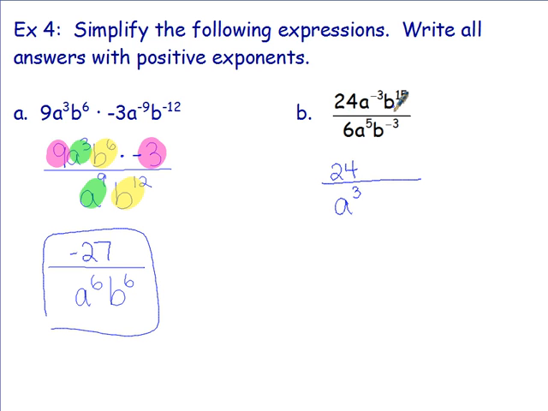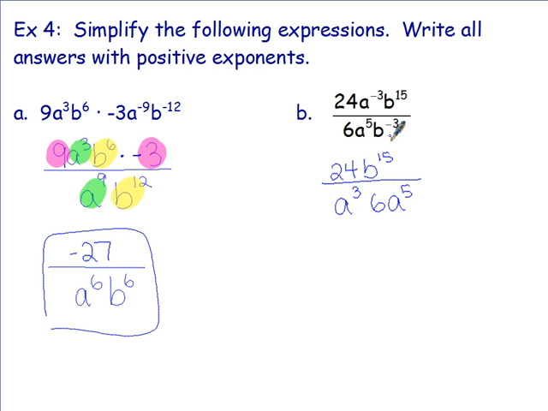B, happy or sad? He's happy, he stays on the top. Going to the bottom. Is this 6 happy or sad? It's happy, so it stays where it's at on the bottom. Is this A happy? Yes, he stays where he's at on the bottom.